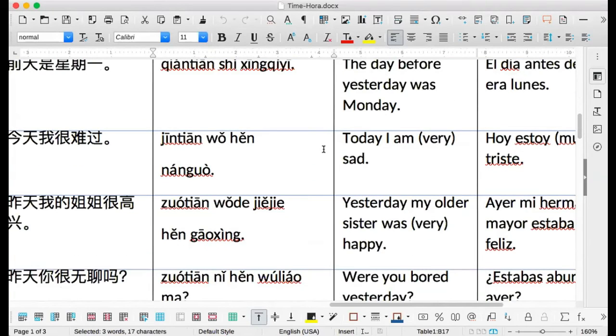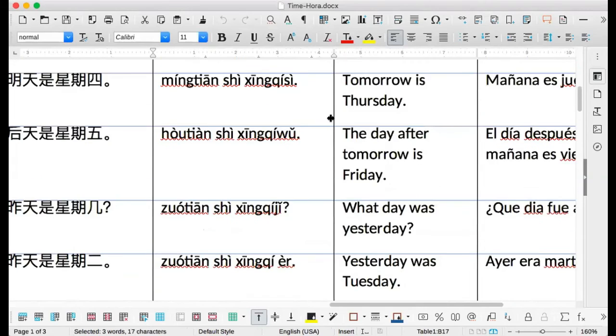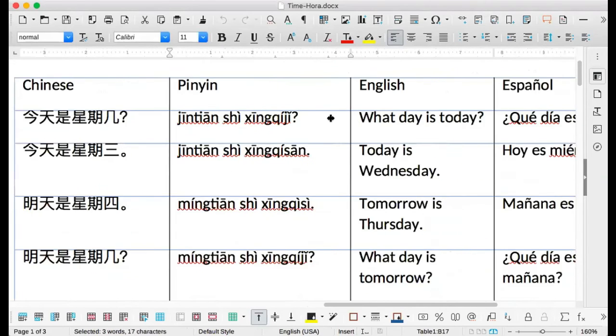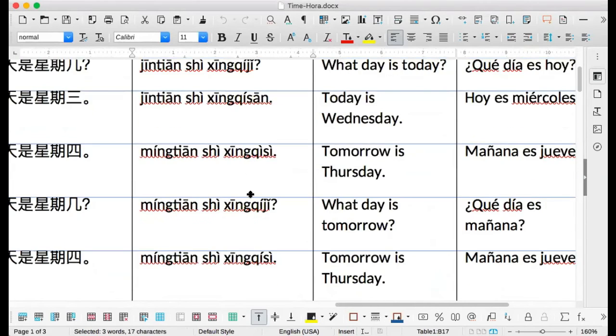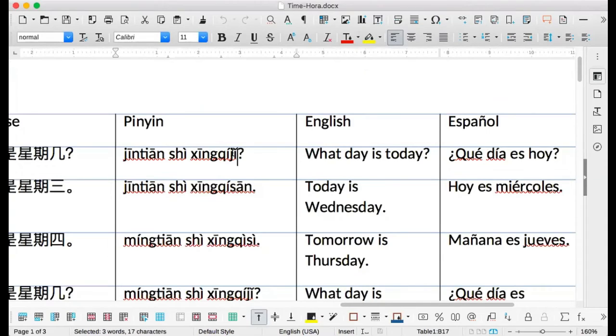And then that's the same concept we use as well when we're asking for days. I sent you this one earlier, if you remember. I remember. And the way we ask is 星期几? 星期几? Yes. 星期 is the word for what day?